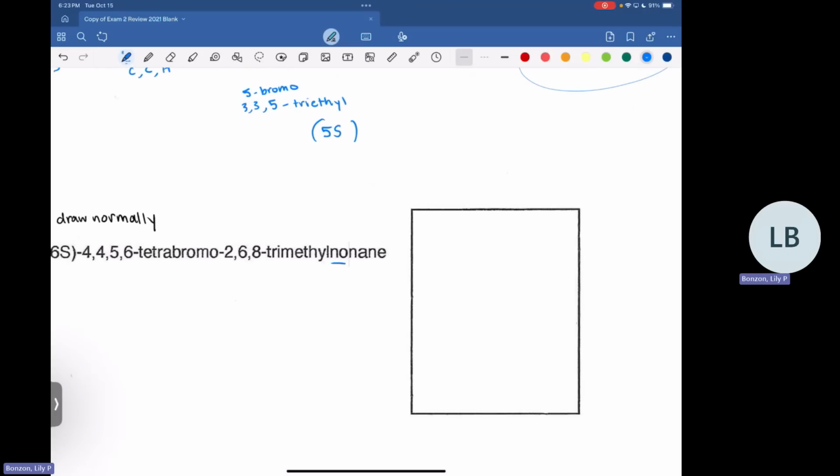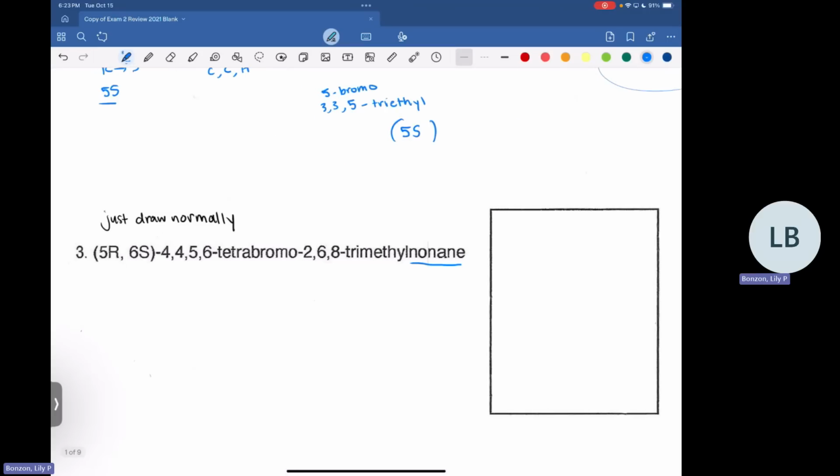So our parent chain is gonna be nonane, so that's 9 carbons. I'm just gonna draw a 9 carbon chain. We look at our substituents. We have 2,6,8 trimethyl, so we've got a methyl group at 2, 6, and 8.